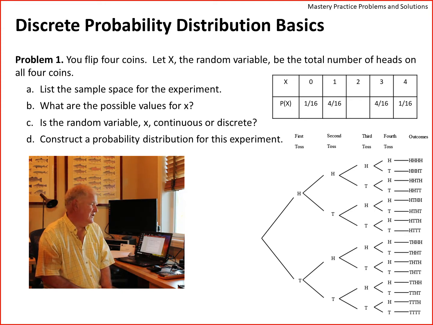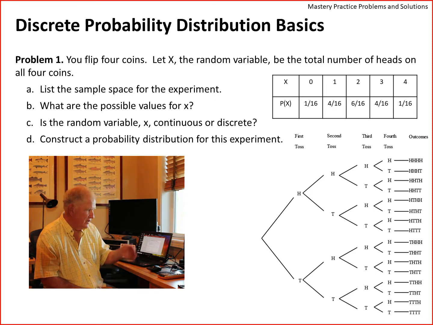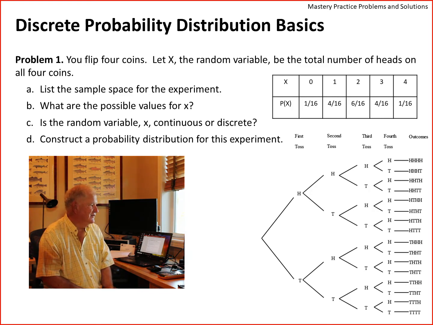And the final case has to be 6/16 because all of those probabilities have to add up to 1. Those aren't easy to count, but go back to the tree diagram and count how many different ways 2 heads comes up, and you're going to find that there are 6.